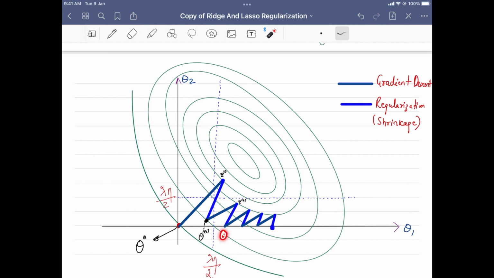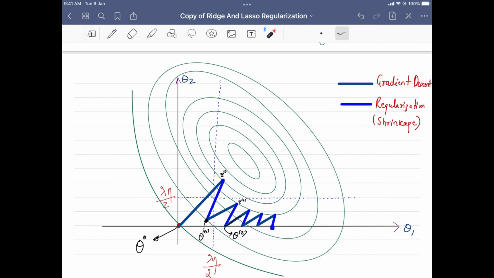So now here you have the new theta, which is theta 2, let us say. Now you again do the same thing, and here you have z3, and again the same situation happens, that the component of this z is less than lambda eta by 2, so it will again make it 0. So you can see now it will start oscillating here, and you will hit the minima.